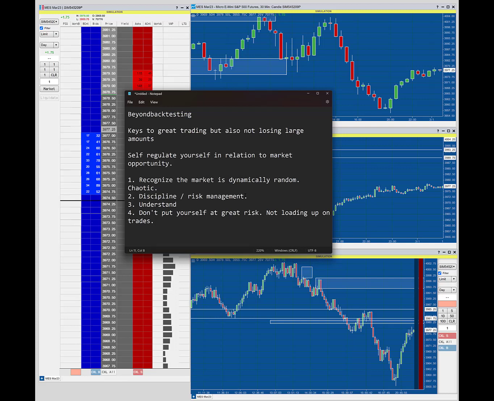When you load up on a trade, you're most likely succumbing to a fallacy, the risk-free illusion. This idea that you can get in a trade without taking a risk and that it's just going to work, and if the market moves too fast, or you don't have your stop in or whatever it is, and you have a big loss, that is exacerbated by putting on larger size.